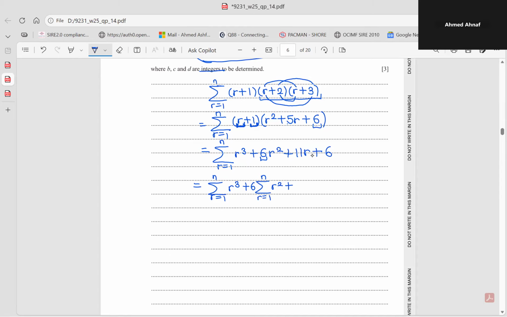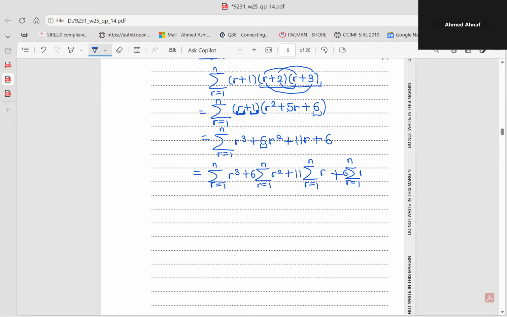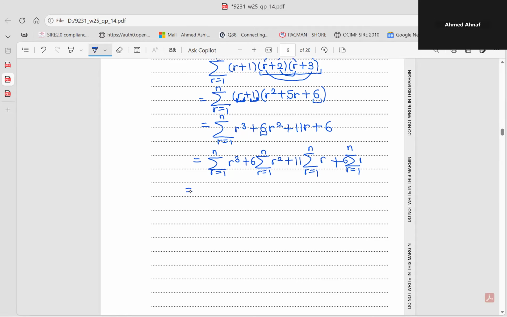Same for 11r, this is 11 sigma r equals 1 to n of r, plus sigma r equals 1 to n of 6. That 6 is just going to be 1 times 6, and for the summation of n, you can just replace it with n. We'll do that later.